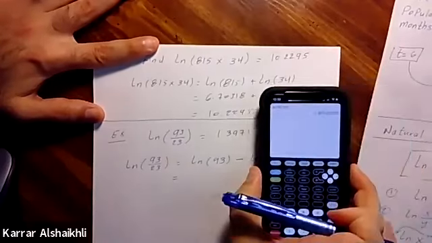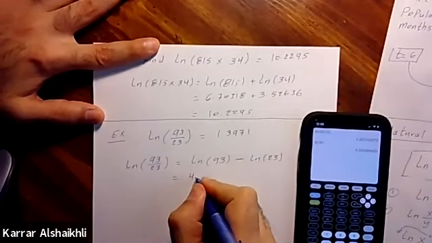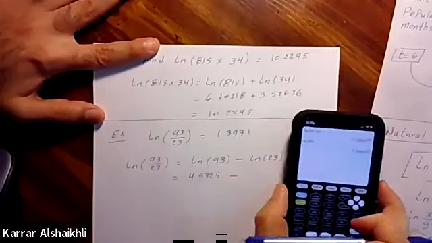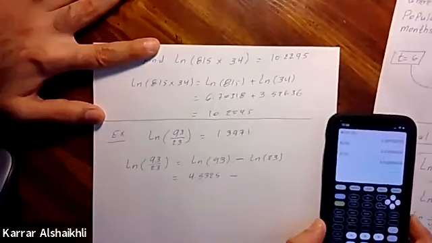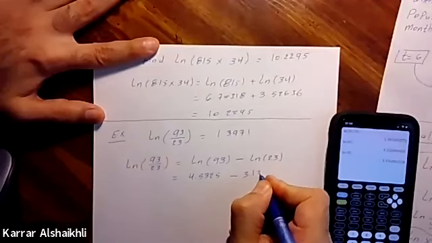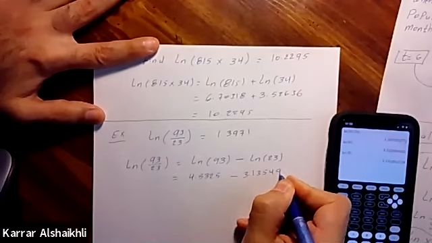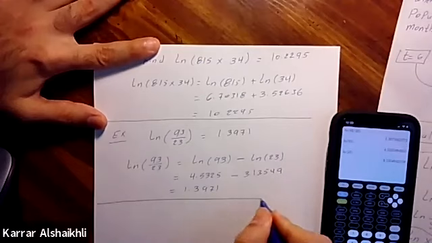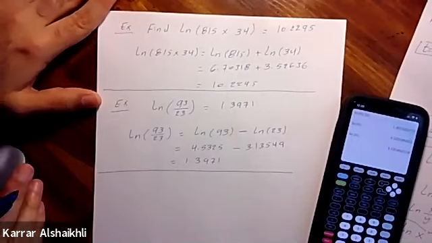Now we're just going to find ln 93, 4.5325, minus ln 23, 3.13541359. Minus these two numbers is going to be 1.3971. Both ways are going to be right for this type of example.